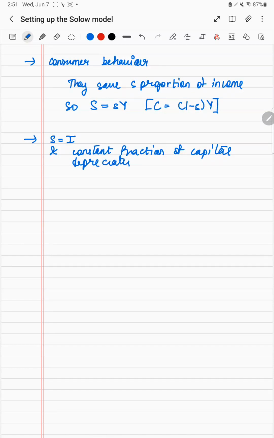I'm using each year very loosely here. To be precise, since we are dealing with a continuous time Solow model, this depreciation is happening instantaneously at all points in time. But you can just think of it as a year to ease your understanding of the model.